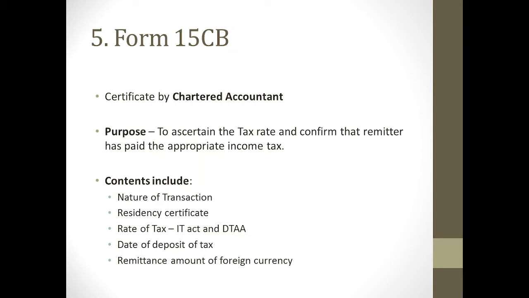So this is an independent certificate from a professional, which is a chartered accountant. The content of these forms are basically nature of transaction, whether he has received a residency certificate from you, rate of tax as per the Income Tax Act and Double Taxation Avoidance Agreement, date of deposit of tax, and the remittance amount in foreign currency. So this form will be given by the chartered accountant.